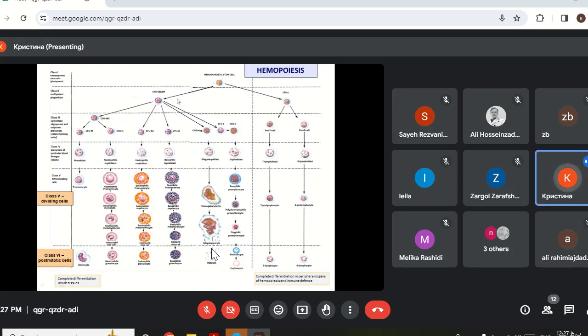For example, when this cell becomes this cell, the genes for development into granulocytes and monocytes and megakaryocytes are blocked, and only genes for becoming erythrocytes stay active. So during first stages, everything happens inside nucleus with genes. Some of them become blocked.